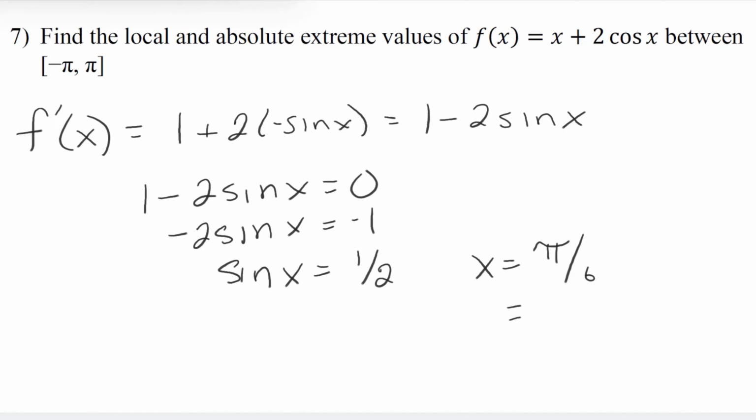It would also be 5 pi over 6, and negative 5 pi over 6 and negative 5 pi over 6 are the 4 values.